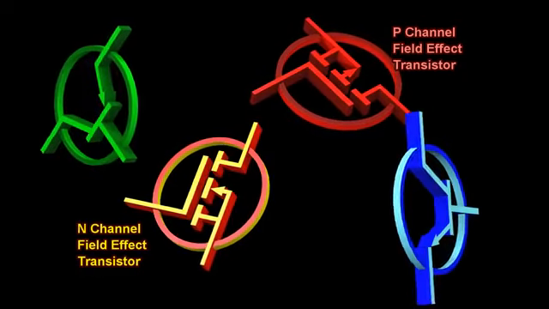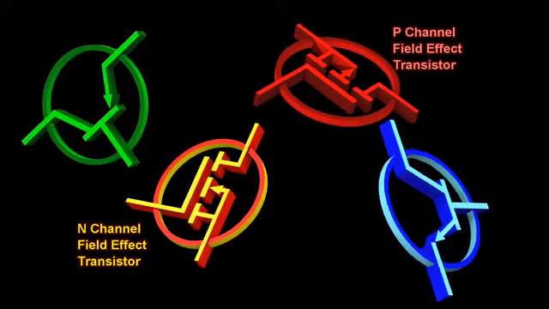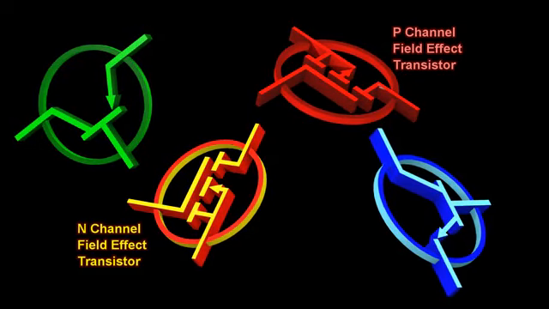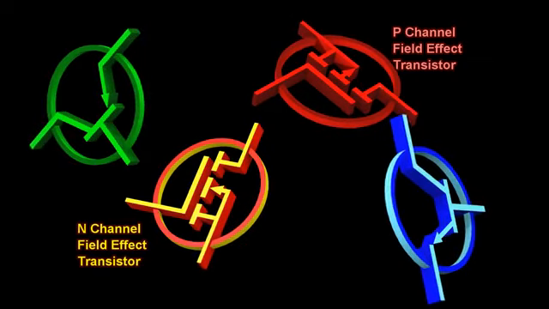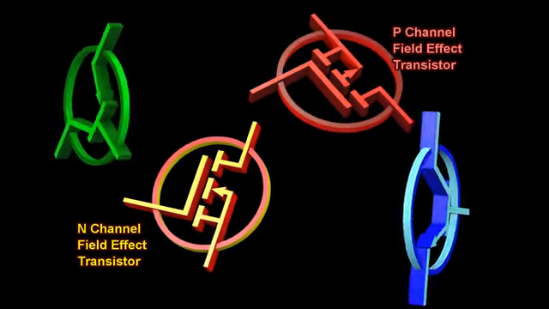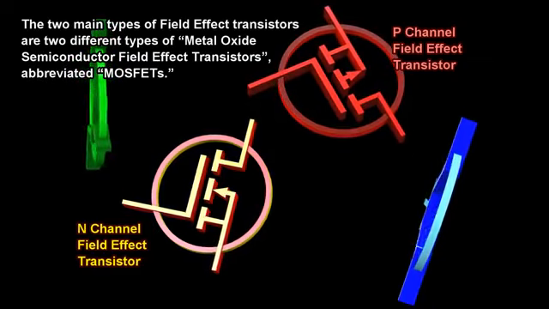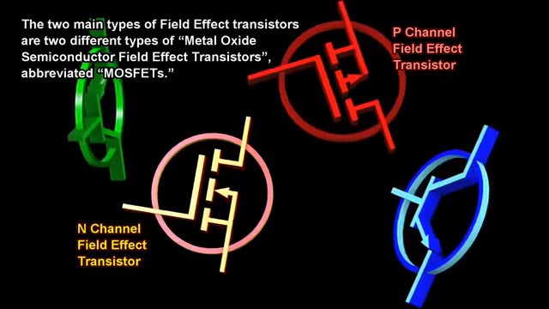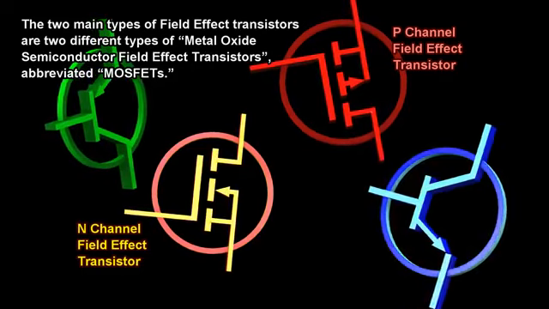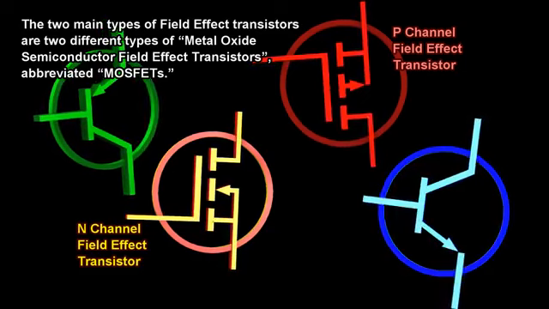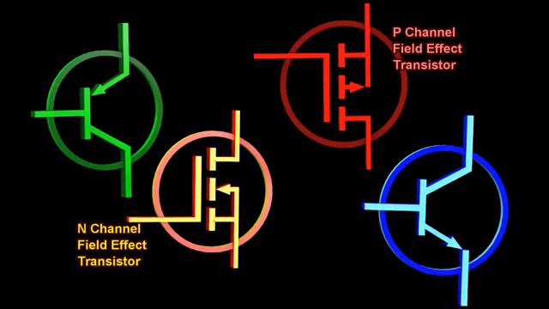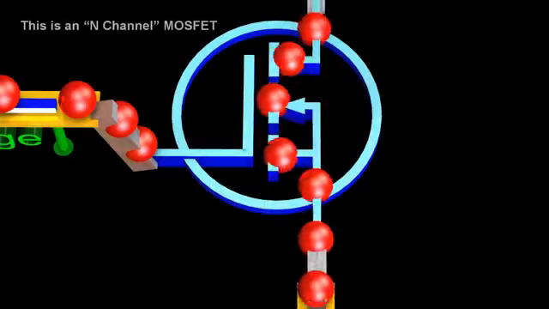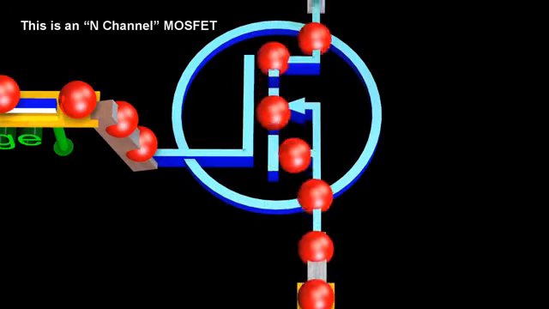The two main types of field effect transistors are two different types of metal oxide semiconductor field effect transistors, abbreviated MOSFETs. This is an N-channel MOSFET.